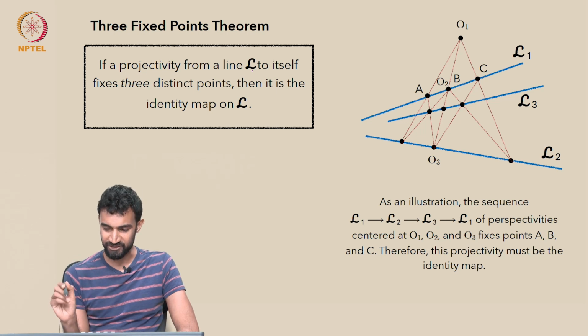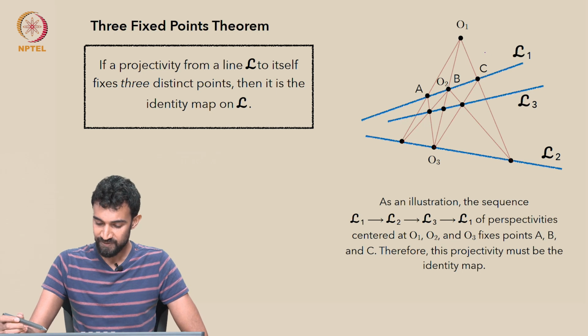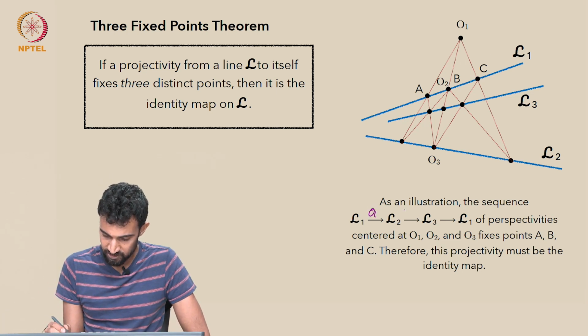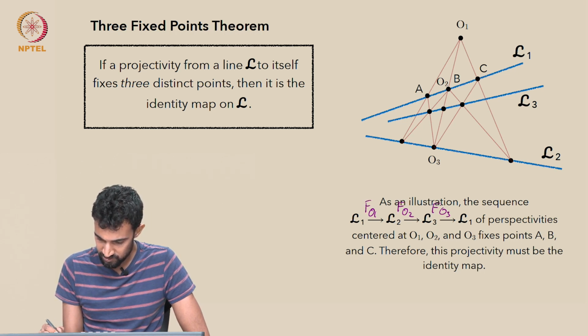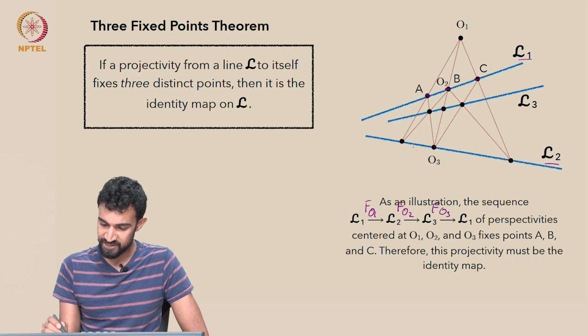And just a quick illustration of this, here's a projectivity that fixes 3 points. So first, I'm looking at the map from L1 to L2, so that's taking A, B, and C down to these points here.